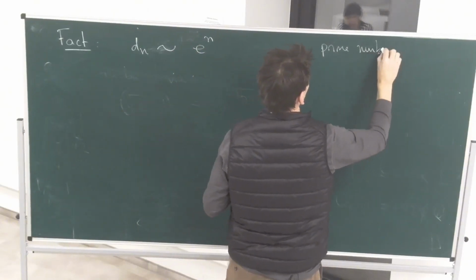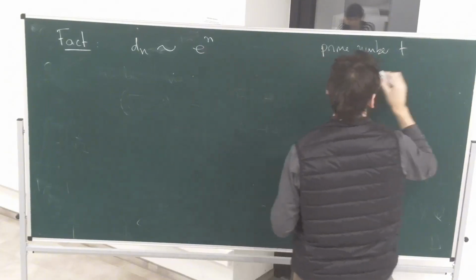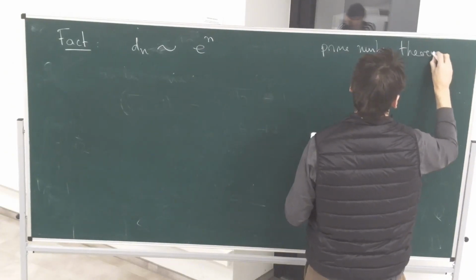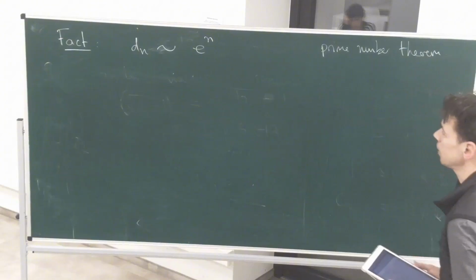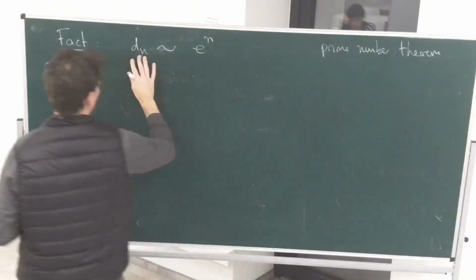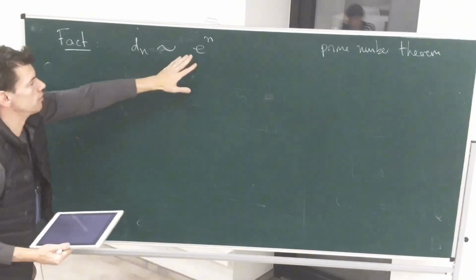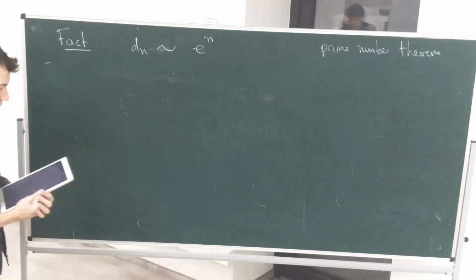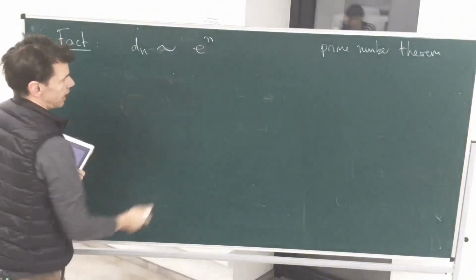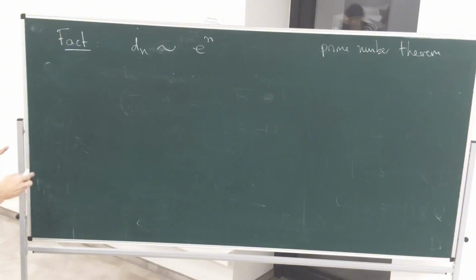But there are elementary proofs, very slightly weaker versions of this. I don't want to discuss this too much, but I can give a very quick sketch of why this is true. So dn grows approximately like exponential to the n. And one can be more precise about the error terms, but it's not important for us.